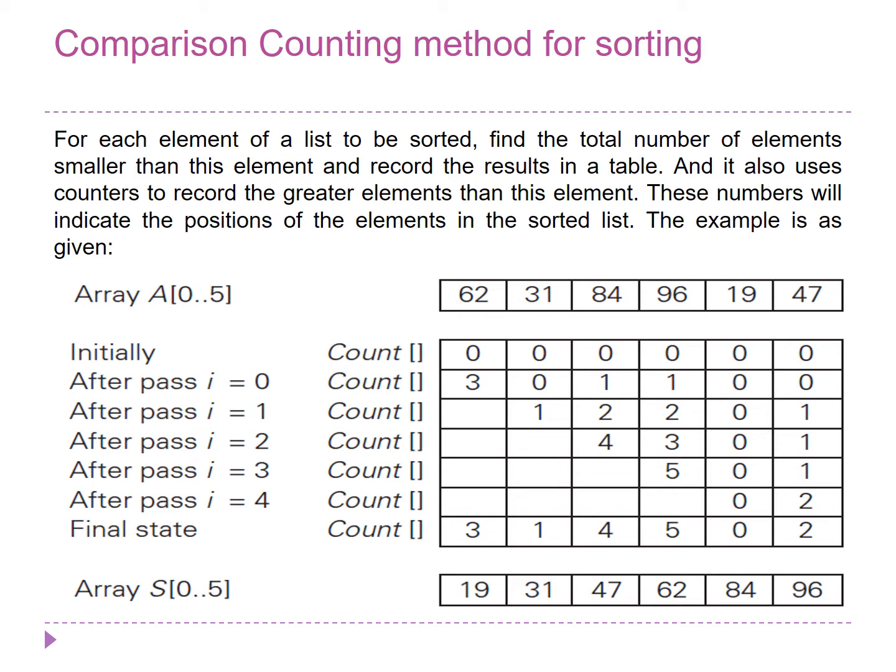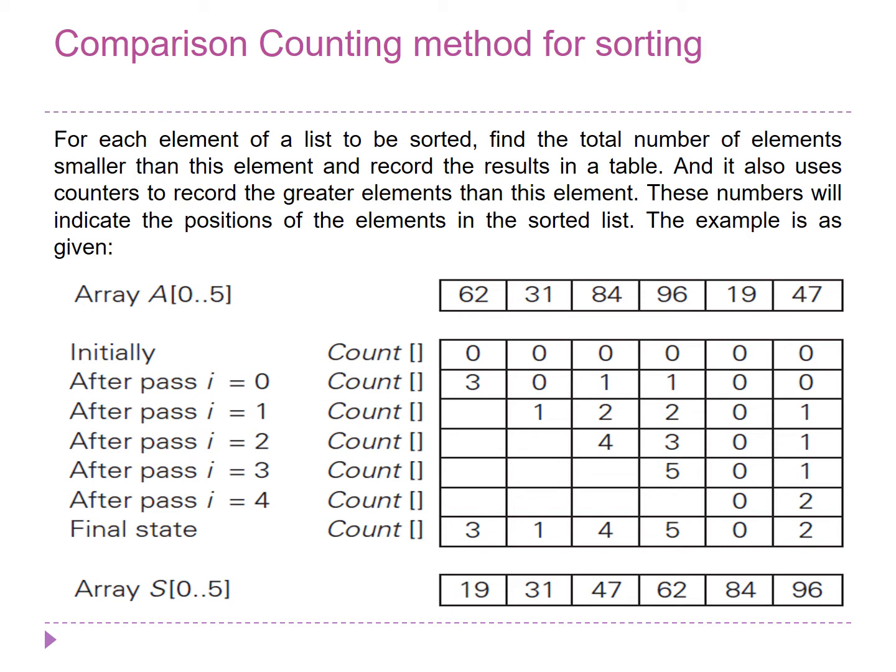In the first iteration, when you consider the array, 31, 19, and 47 are less than 62, hence the corresponding value in the count array is 3. The elements that are greater than 62 are 84 and 96, hence their counts in the corresponding positions in the count array are incremented by 1.